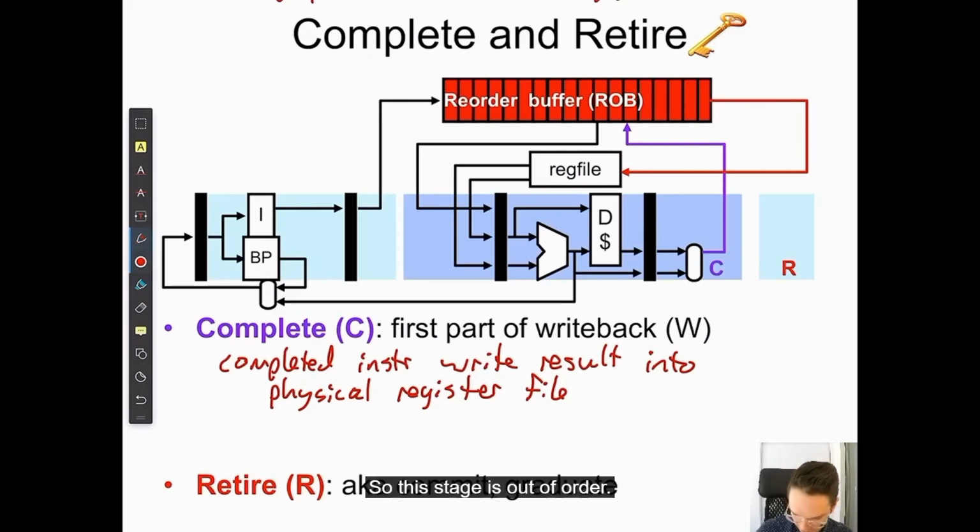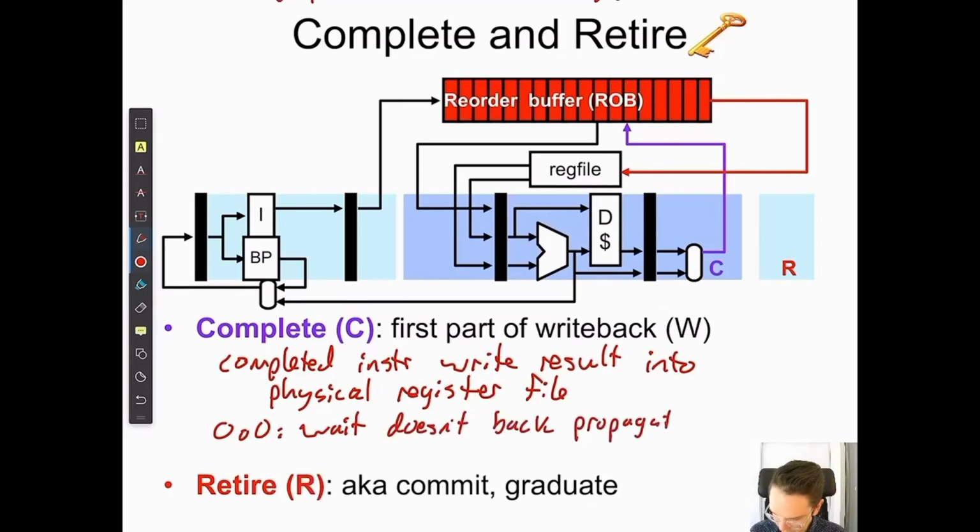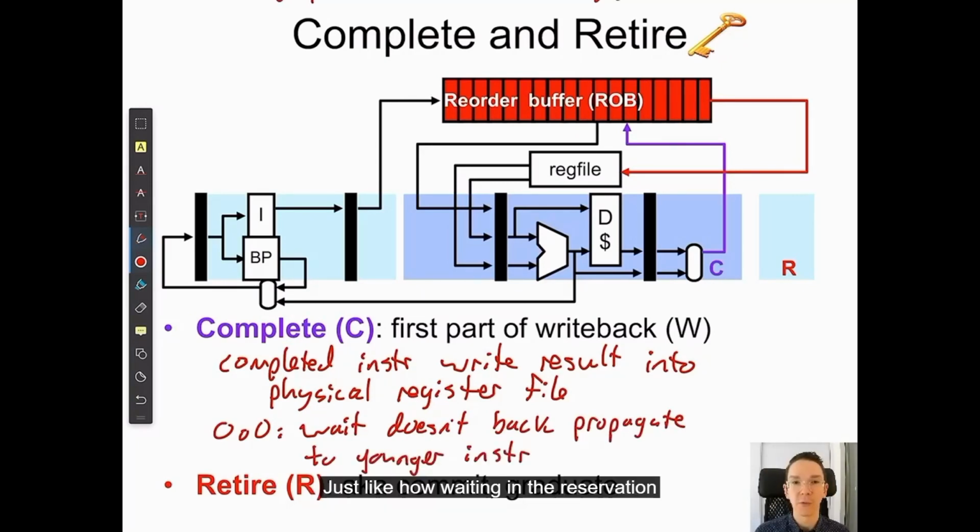So this stage is out of order. Instructions wait in the reorder buffer, which holds both the new and old register renaming mappings. And because they wait in the reorder buffer, this doesn't backpropagate to younger instructions. Just like how waiting in the reservation station doesn't backpropagate any delay in execution to younger instructions.